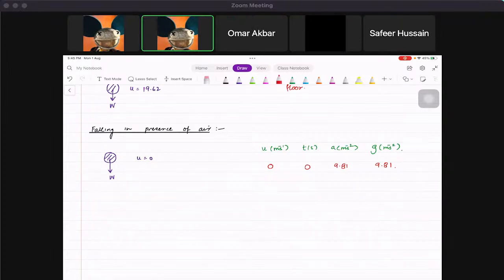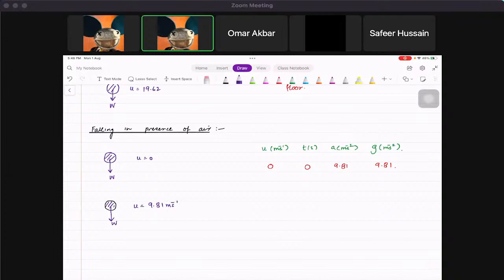Now, check this out. When it continues to fall, the weight is still there, but the speed increases to 9.81, just like the last time.